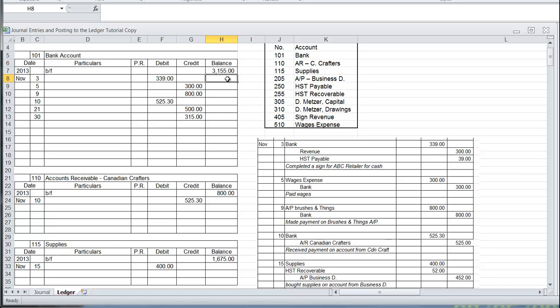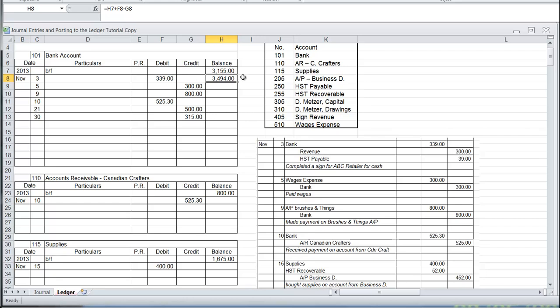Type an equal sign, click on this cell, and this amount, plus that debit and minus this credit, and hit enter. And so this new balance has taken the H7 number and added the F8 number and subtracted the G8 number. There's no number there, but I'm actually trying to create a formula.